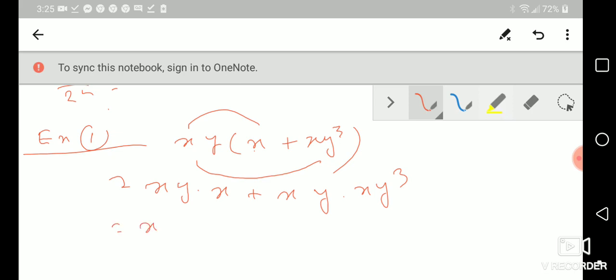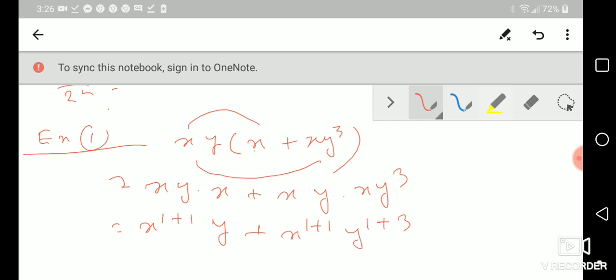Like I said, we can only add exponents when we multiply if we have the same base. In both cases x has an exponent of 1, so we write x^(1+1), and y we leave as it is because there is no other y. In the second term we write x^(1+1) again, and y^(1+3).